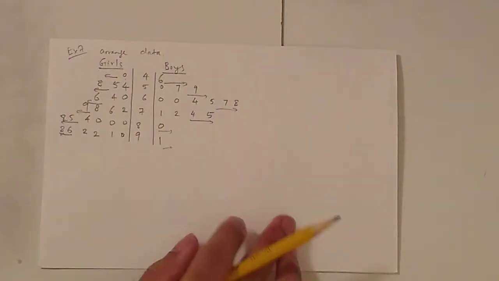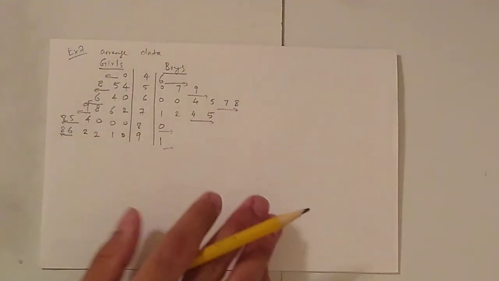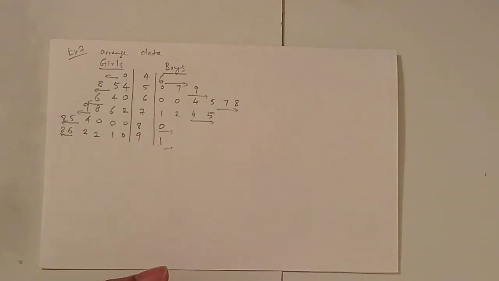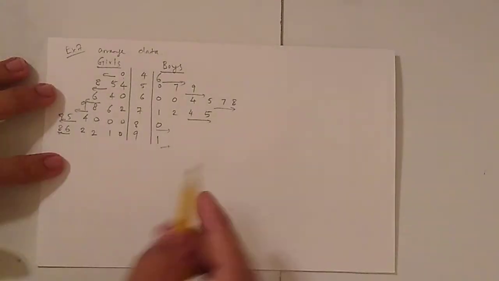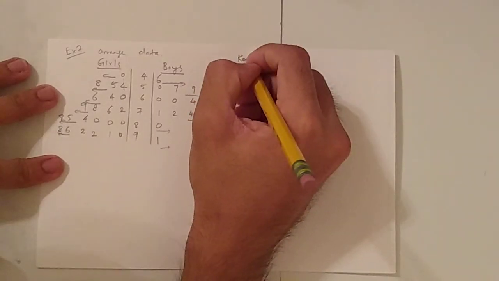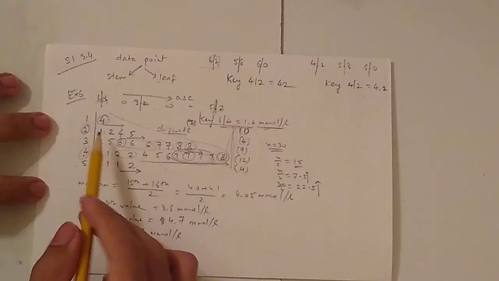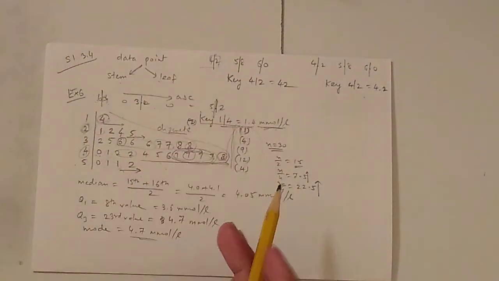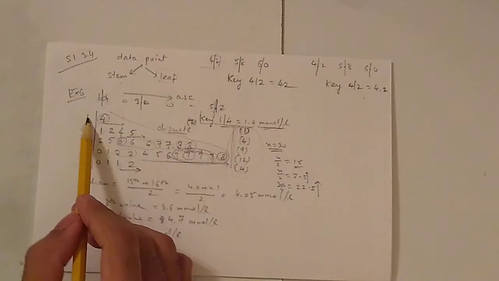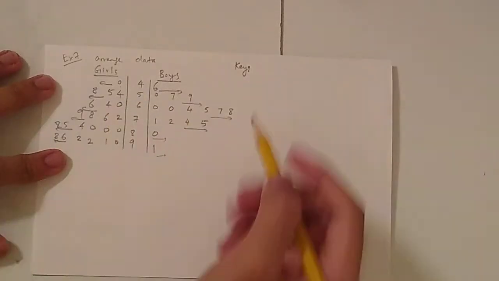Now we are done with the stem diagram, but you do have to put a label, and by label we mean the key. In the previous case, because we just had a one-sided stem and leaf diagram, we put 1 | 4 is equal to 1.4. Here we have two sides, so we need to mention both sides.